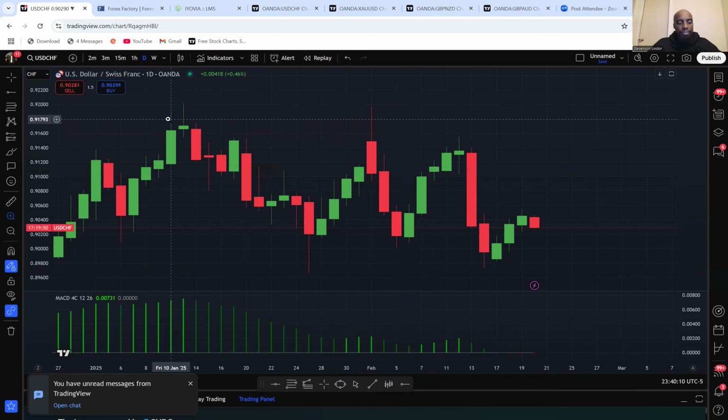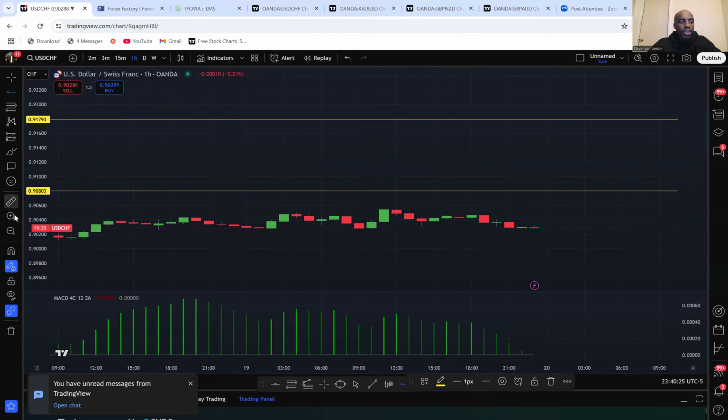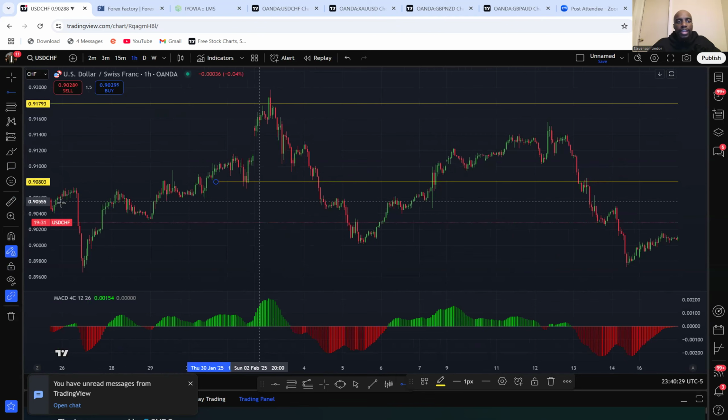One, we hit the top, hit a major supply zone, got the close below, right? Got the close below and went down to the 1 hour, right? So this leg right here, this is my leg. This is the leg that caused the close below.